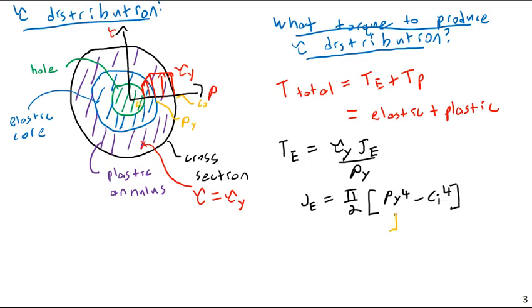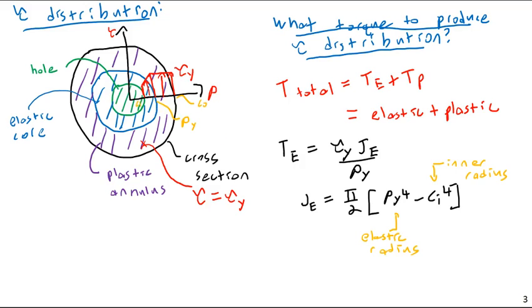Again, this is the elastic radius. And this is the internal radius, inner radius, if there is a hole. If there isn't a hole, then this is just going to be 0, and it's simply the polar moment of inertia of a circle with a radius of the elastic radius here.